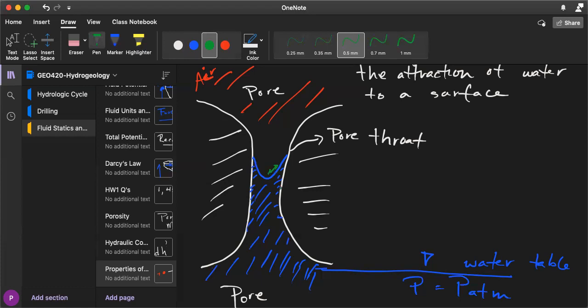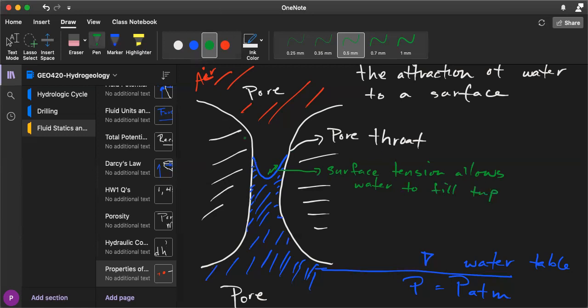So it allows these molecules that are climbing up the wall to bring water up inside the tube. So surface tension allows water to fill the tube.